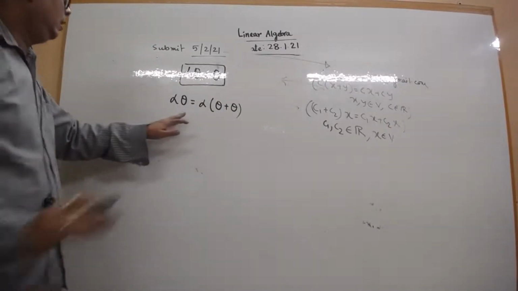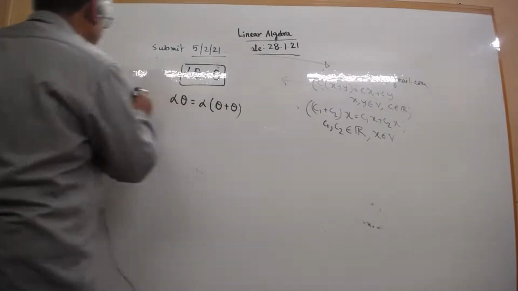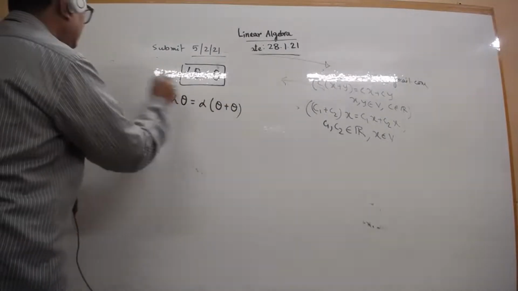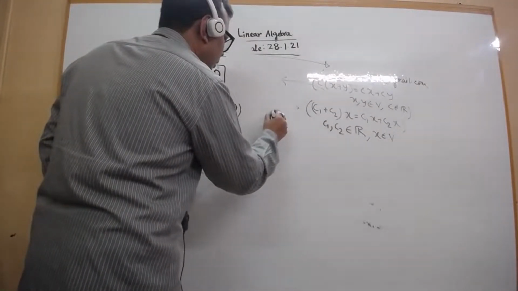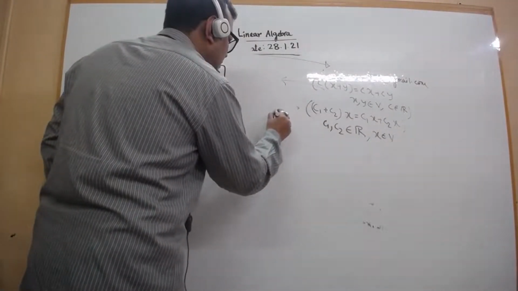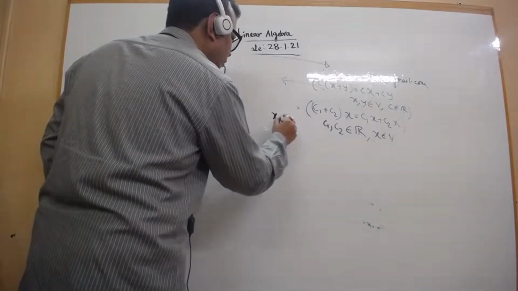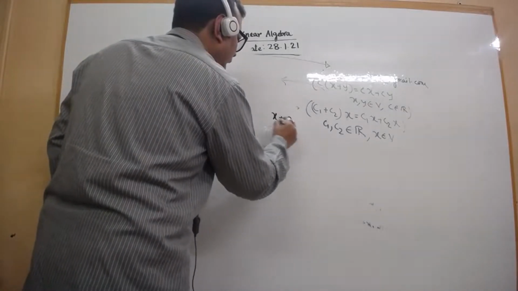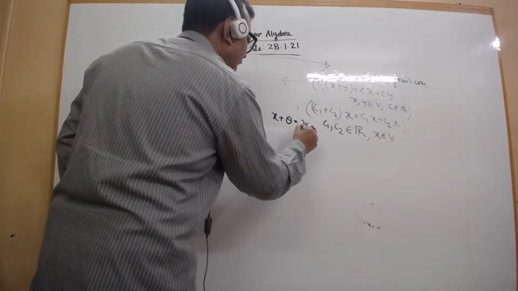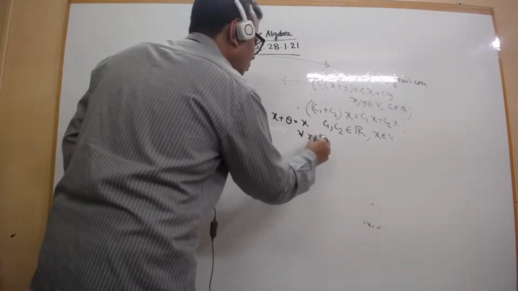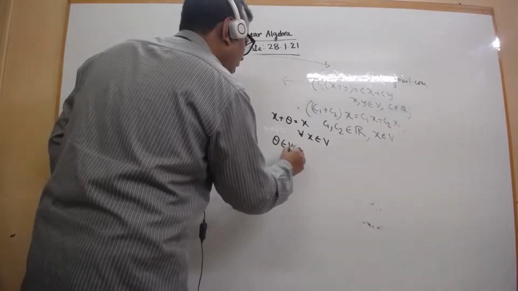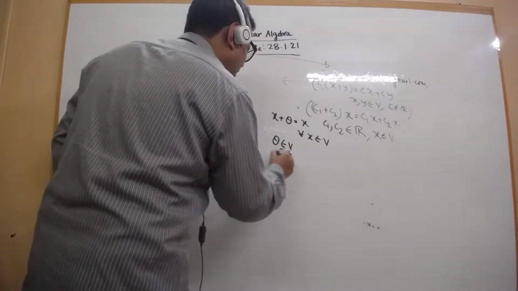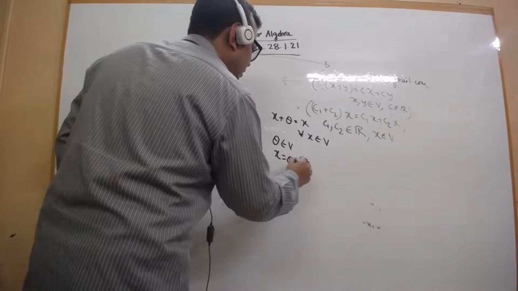Why do I write this theta plus theta? Theta equals theta plus theta because we know for all x there exists theta from axiom 4, I think, x plus theta equal to x for all x belonging to V. Since theta belongs to V, we can take x equal to theta.